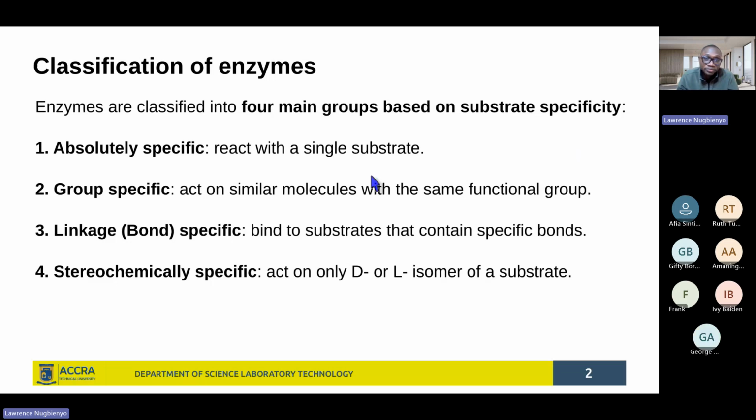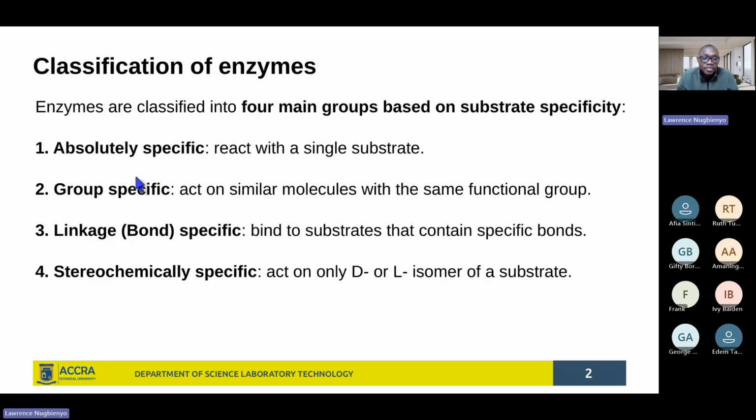So here we are seeing four main groups as far as specificity of an enzyme is concerned. And the first is absolute specificity.